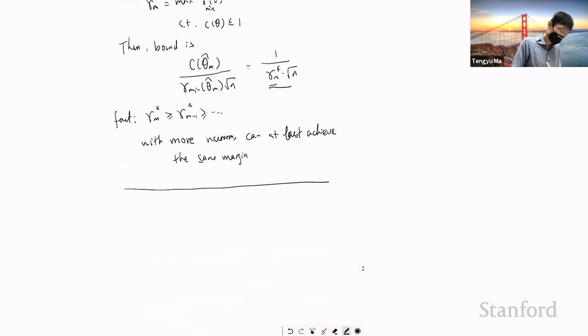So basically, my main point here is that if you maximize margin, that can be done by minimizing the cross entropy loss.